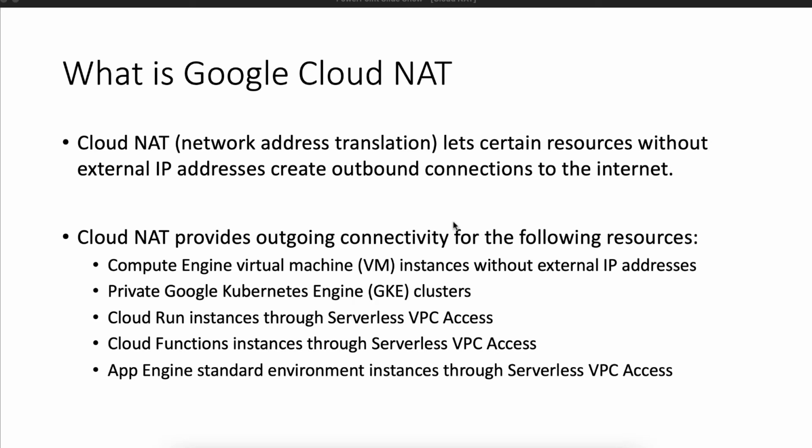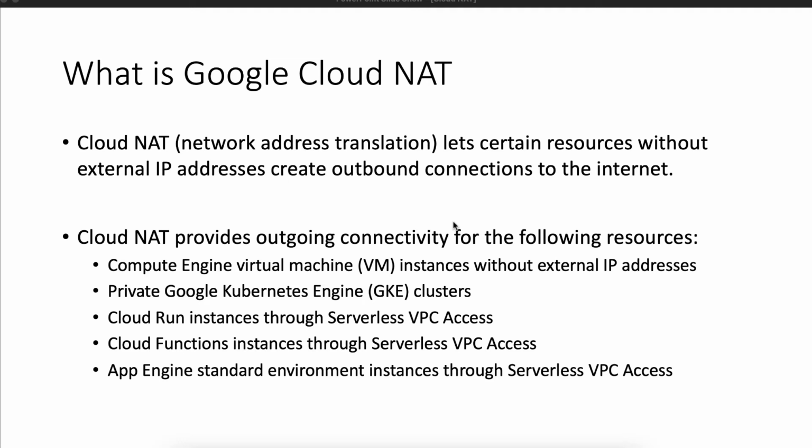In that scenario, if you try to access anything on the internet from those virtual machines, it is going to fail. But let's say you want to run yum update, or Windows update, or you want to reach the internet and download some packages. Without a public IP address you can't.